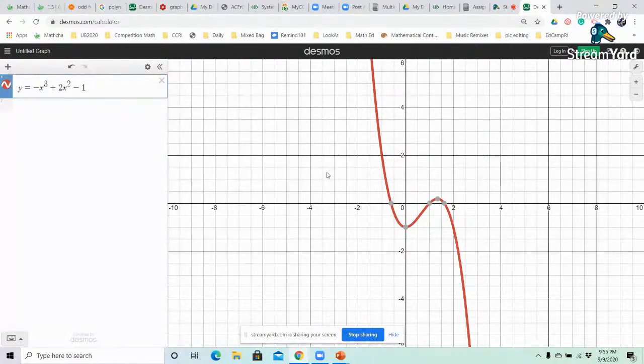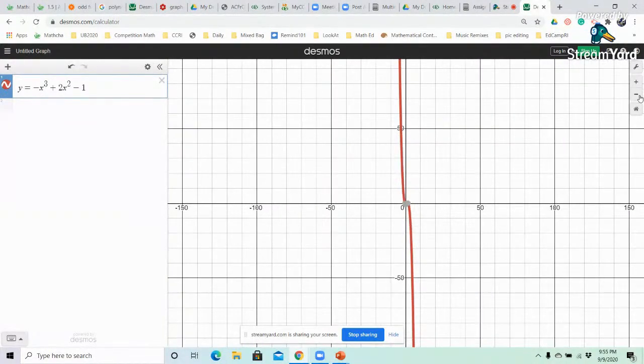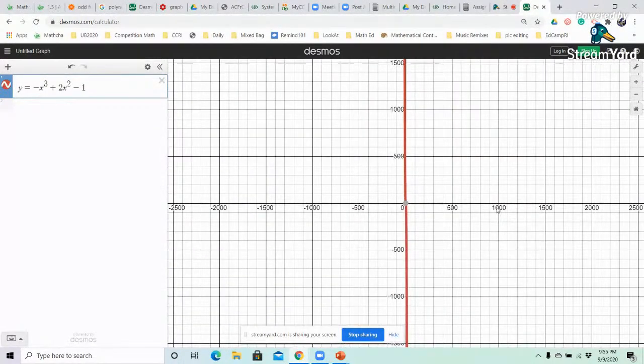But it turns out I'm wasting my time describing that, because if I zoom out, I can show you that this does go further and further out. It might take you a while to get to 100, but I guarantee you at some point this graph would cross 100.